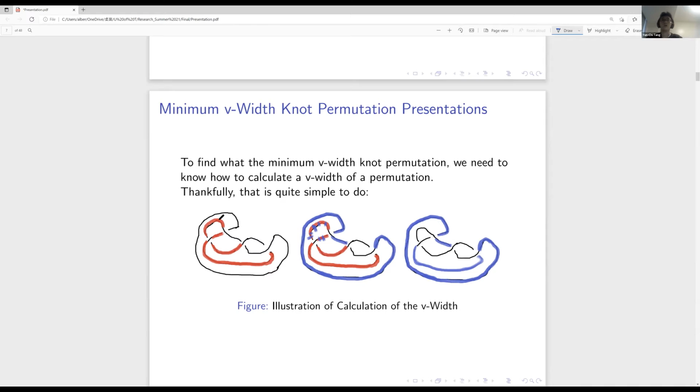We know the virtual width after the first crossing of any given permutation is going to be represented by the line segments coming out of the first crossing on one end and connected to any other crossing on the other end. In other words, it's going to be represented by the 4 line segments connected to the first crossing.